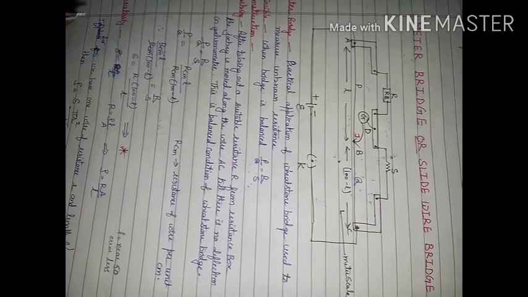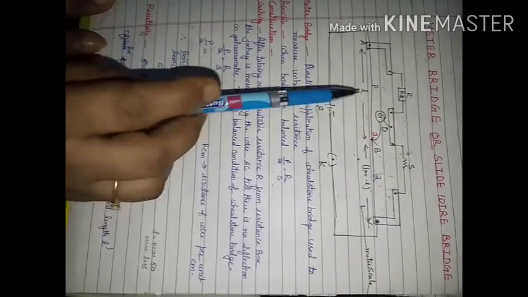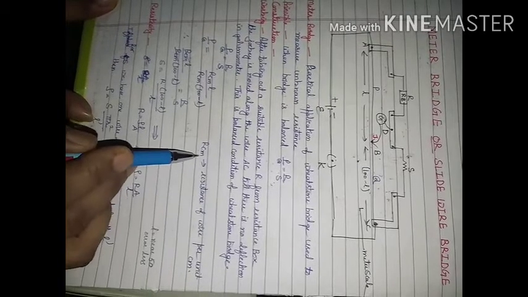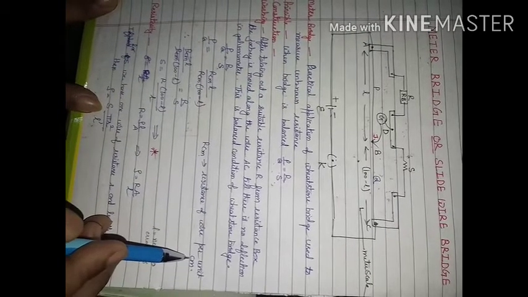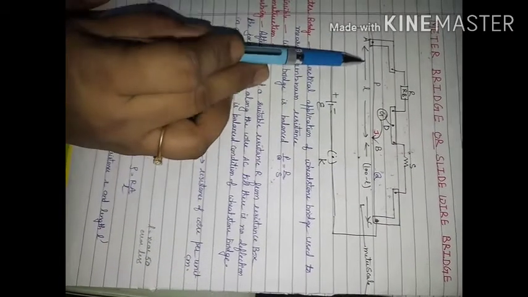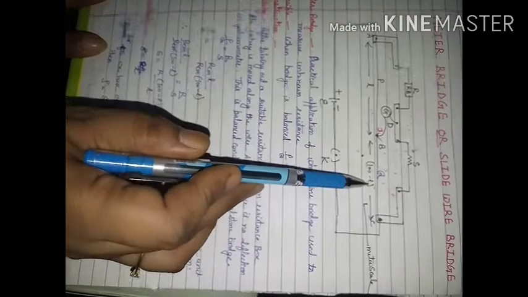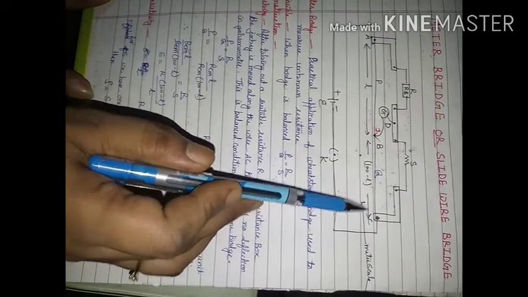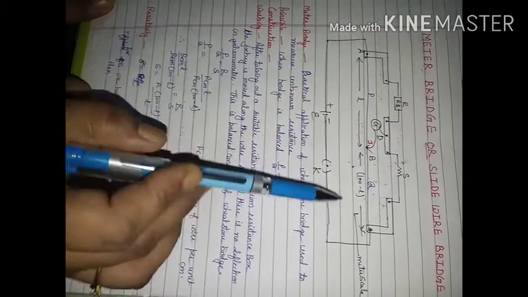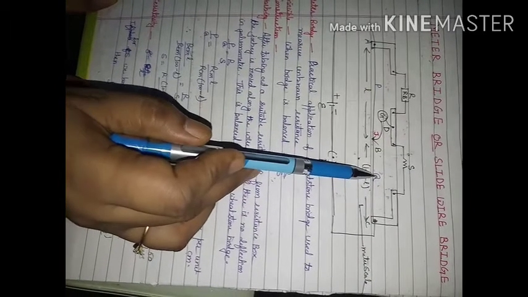What is unknown to me is the value of P and the value of Q. So if I consider the wire between points A and C, and RCM represents its resistance for 1 centimeter, then if our balance point comes at point B and this length is L, the total length was 100, so the remaining length will be 100 minus L. The resistance of the wire of length L will be P, and the resistance of the wire of length 100 minus L will be Q.